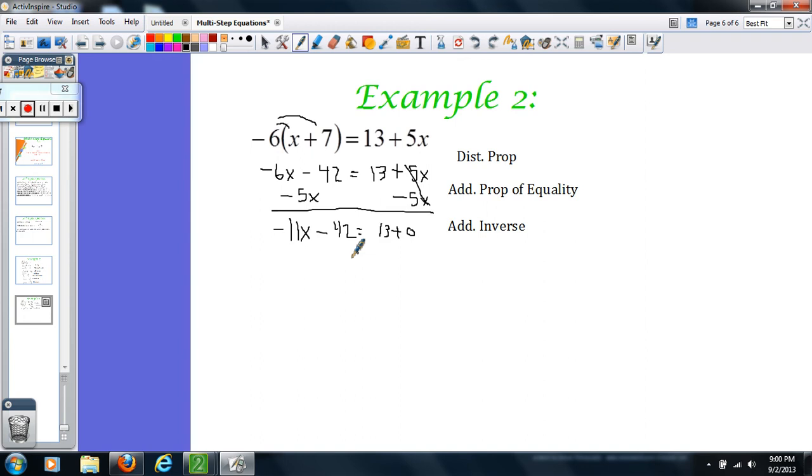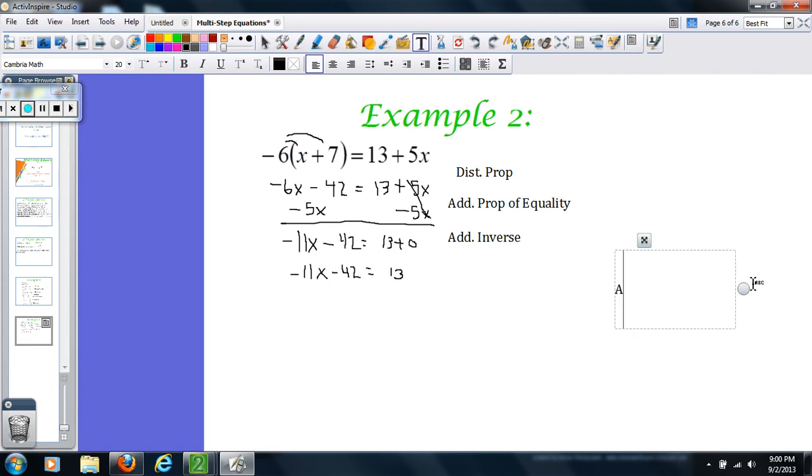From here, we have negative 11x minus 42 equals 13, and that's going to be our additive identity.